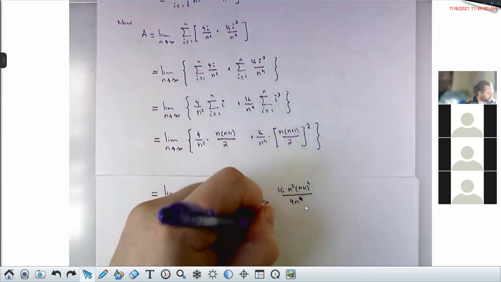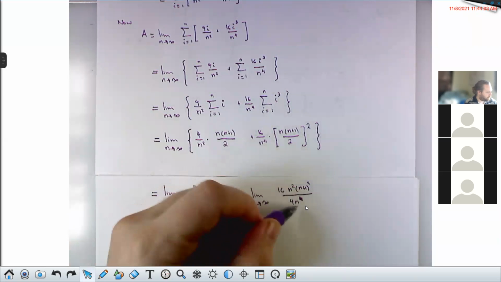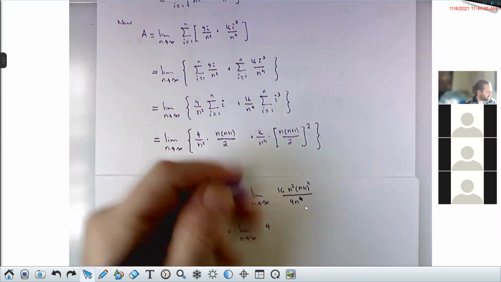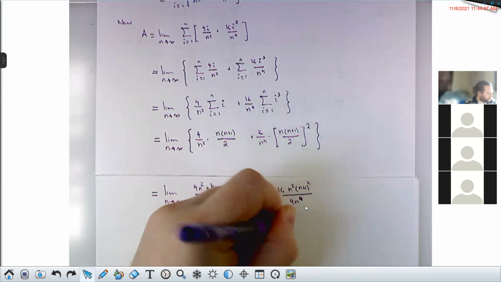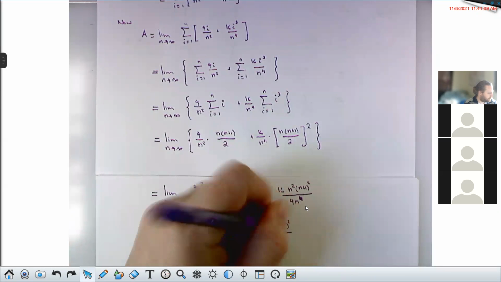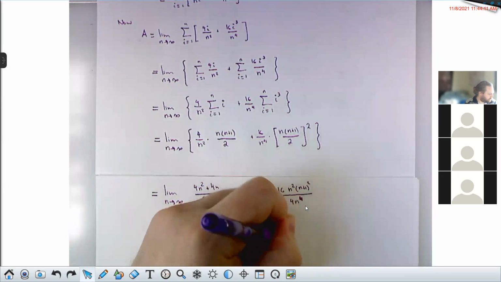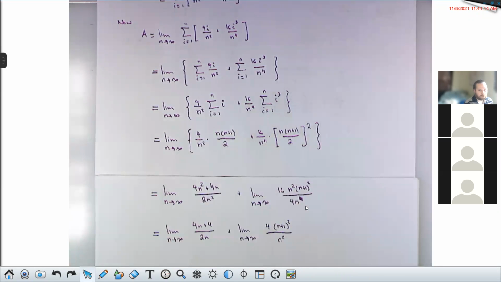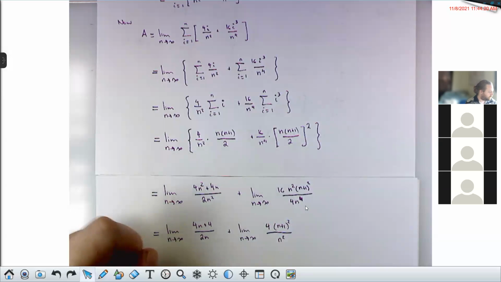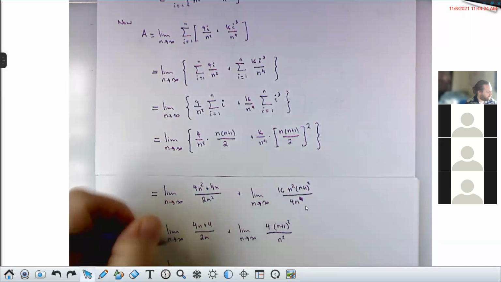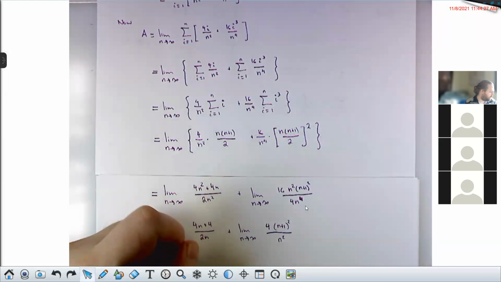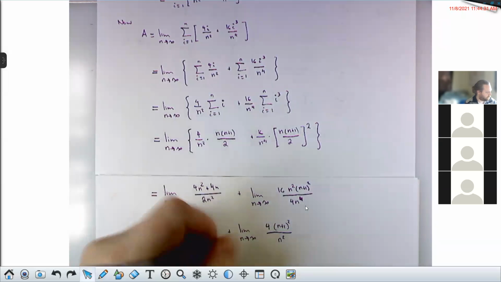That's just 4 n squared over n to the 4. Both of the n squareds die, and I'm just left with n plus 1 squared here, and then downstairs n squared left. We're just doing algebra. This is lim n to infinity. I'll leave this one alone for now. It's fine. There is more we could do with it, but it's good enough for now.